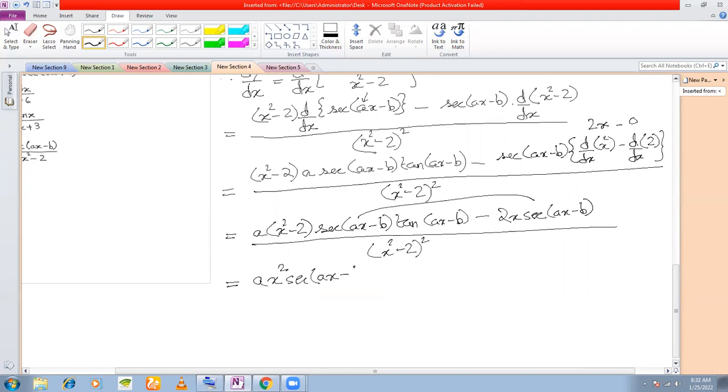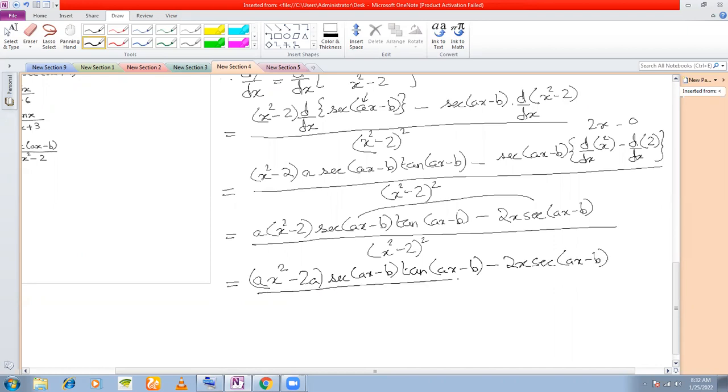So ax square sec(ax minus b) into x square minus 2a, sec(ax minus b) into tan(ax minus b), minus 2x sec(ax minus b), divided by x square minus 2 square.